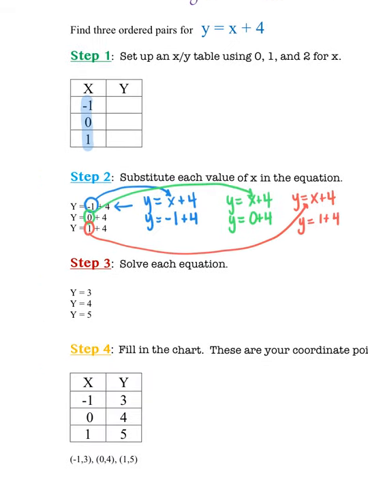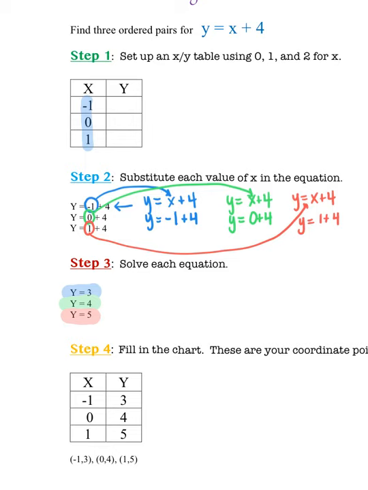Okay, so now all I did here was solve each one. When x equaled -1, y equals 3. When x equals 0, y equals 4. When x equals 1, y equals 5.